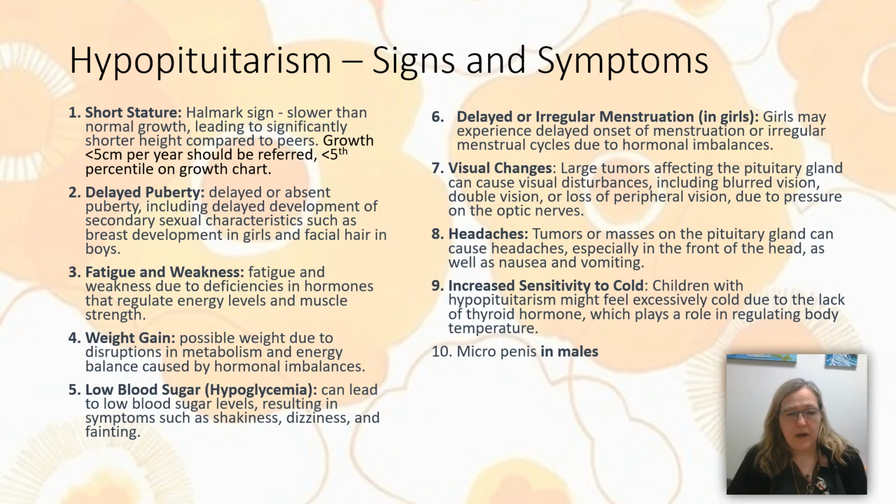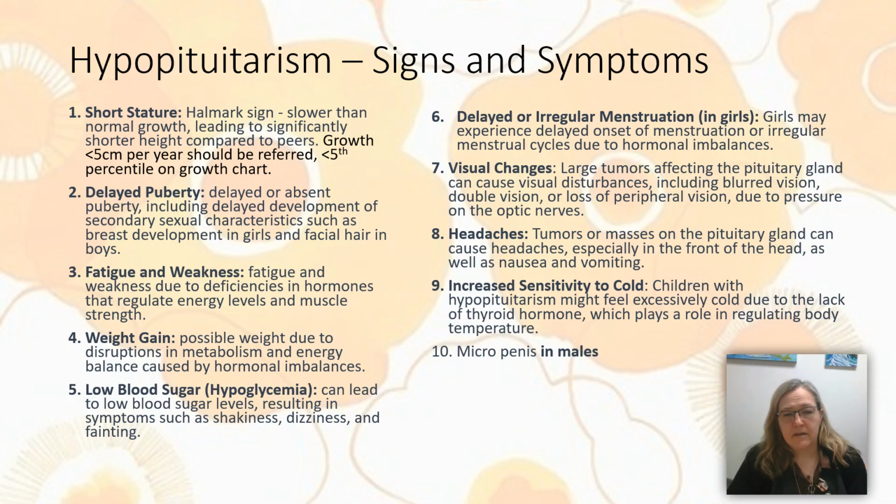Weight gain is possible due to disruptions in the metabolism. So remember that growth hormone also affects the metabolic functions. And then hypoglycemia is common with this disorder. So you'll see shakiness, dizziness, and fainting.